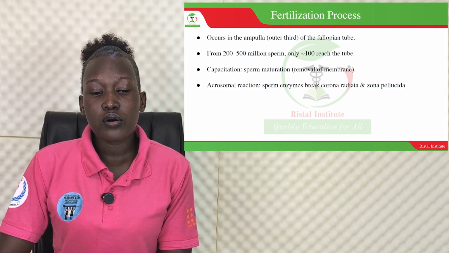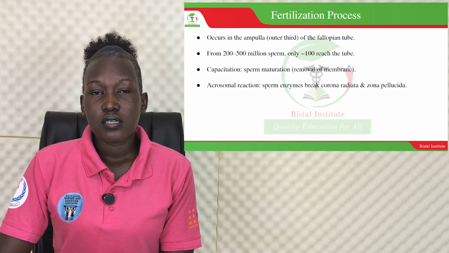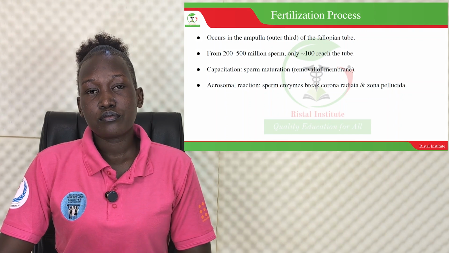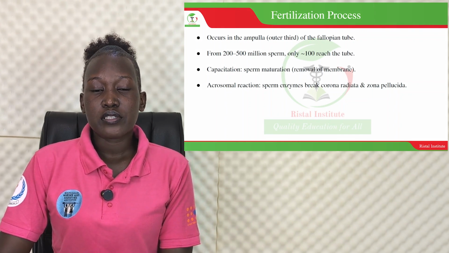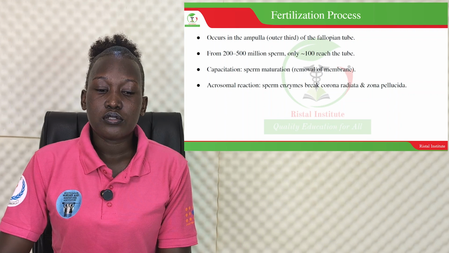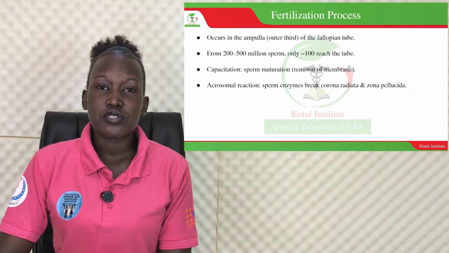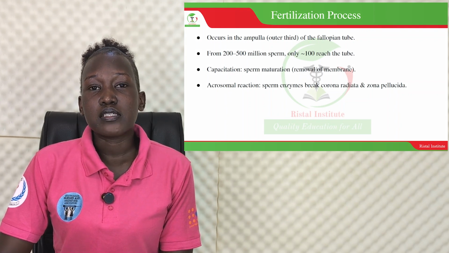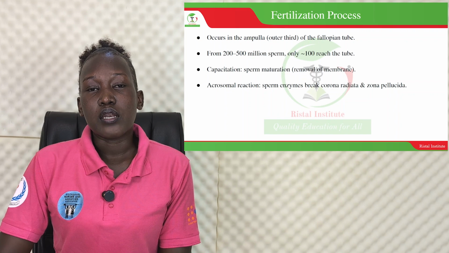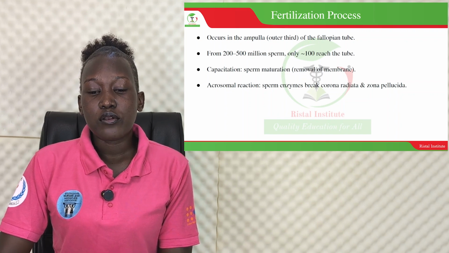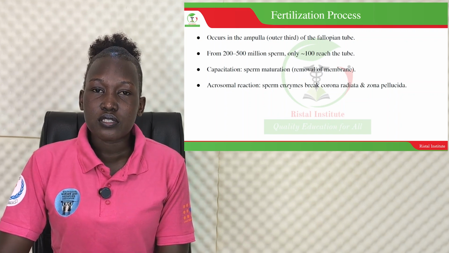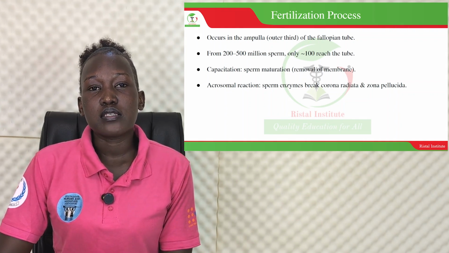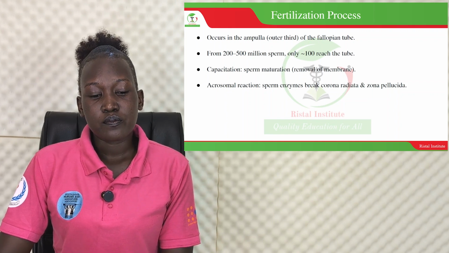Out of this, about 300 million reach the cervical rim. Some of these die on the way as they proceed to the uterus, and until they reach the fallopian tube. So only about 100 reach the fallopian tube out of the millions released in just one ejaculation.